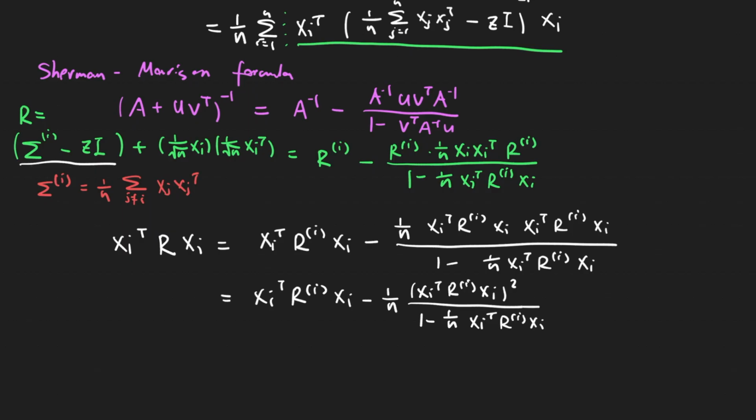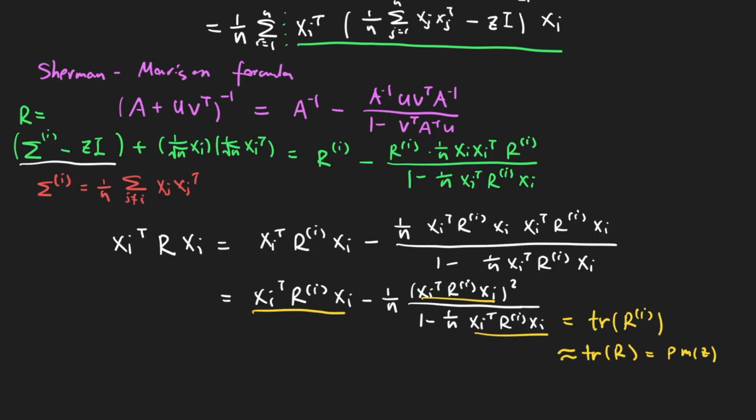So next, you notice that we have this term showing up 3 times, right? This is the same thing. So it turns out that this equals the trace of the matrix R superscript I, which is approximately the trace of the matrix R. And that equals p times m of z.